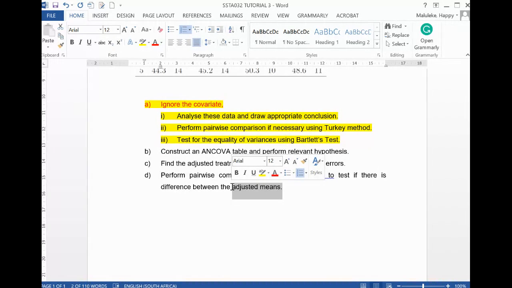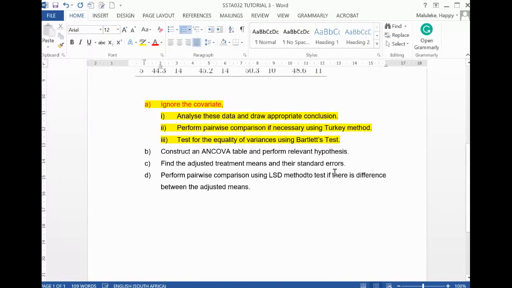Can you please check if those means are different or the same, using the LSD method?